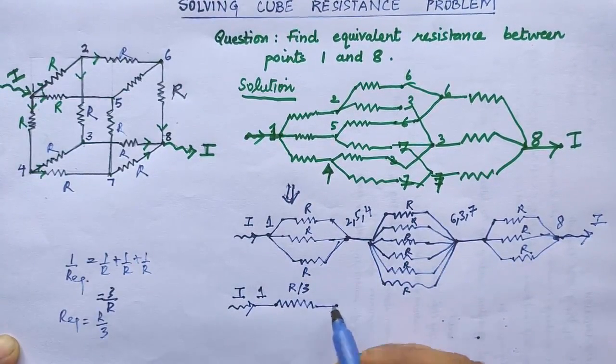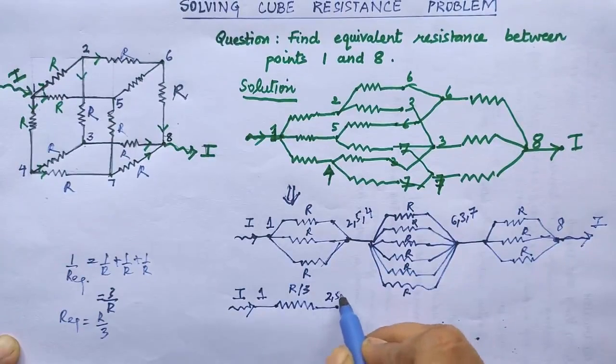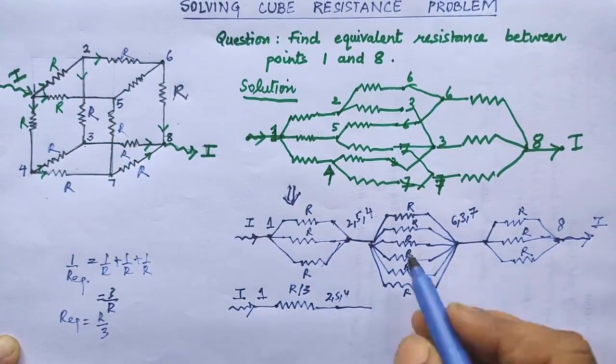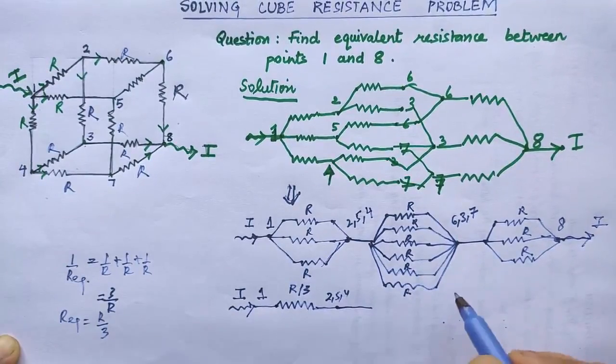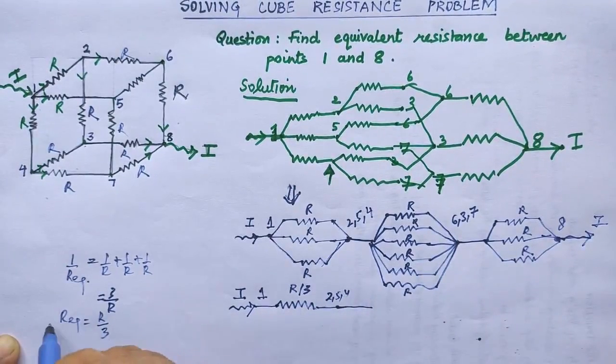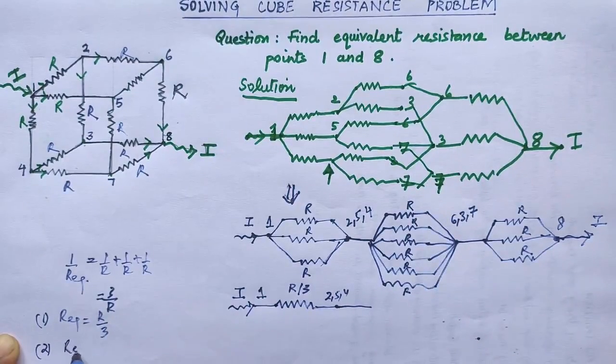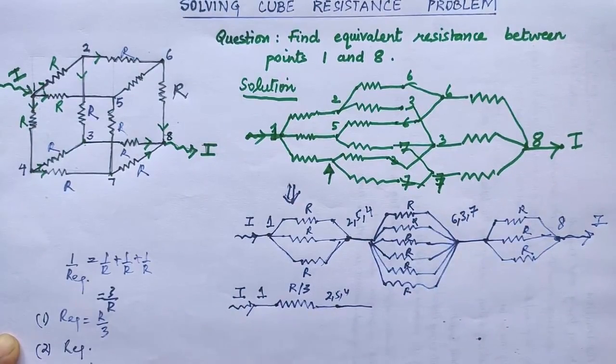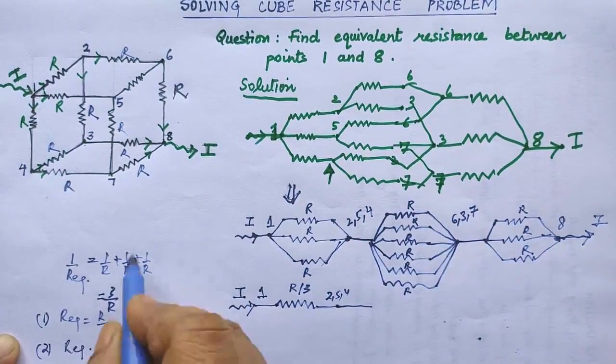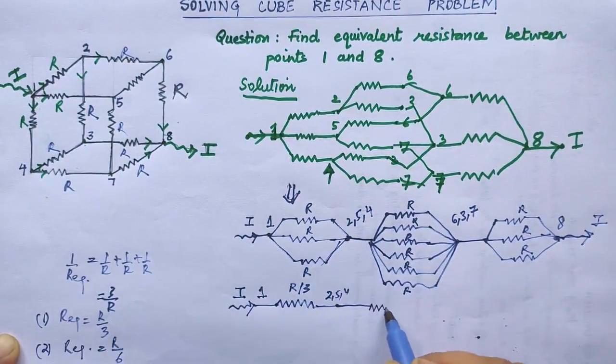Similarly, now this point is 2, 4, 5. Now we have 6 resistances. So this was the first R equivalent, and the second R equivalent becomes, with 1, 2, 3, 4, 5, 6, R by 6. Just the way it is R by 3, it is R by 6. So let me draw it.